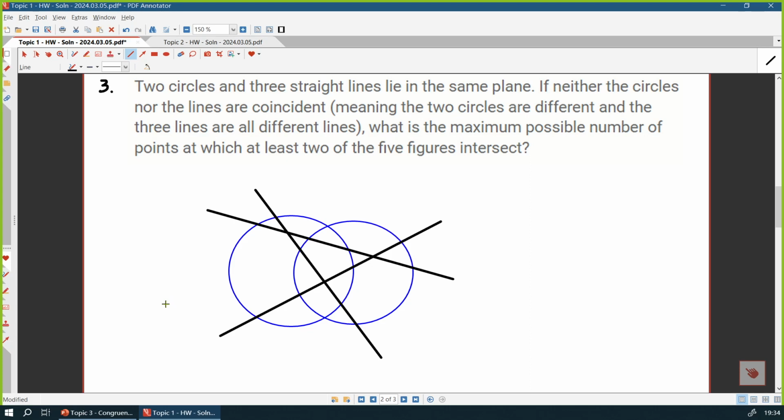This gives us 3 more intersection points, 1 for each of the 3 ways we can choose 2 of the lines to intersect. This gives us a total of at most 2 plus 12 plus 3, right? Which equals 17 intersection points in total, right?